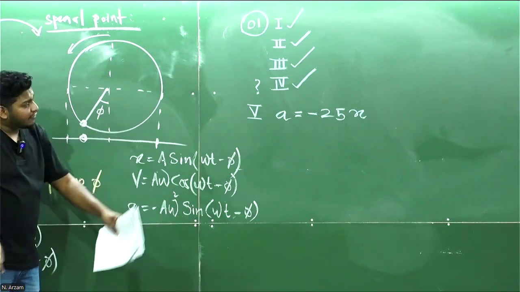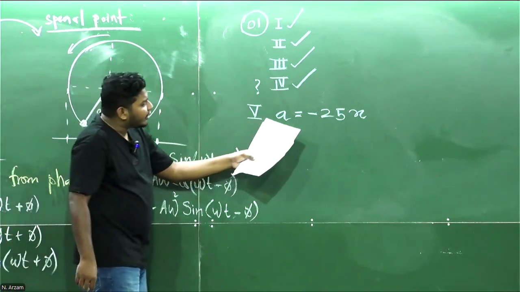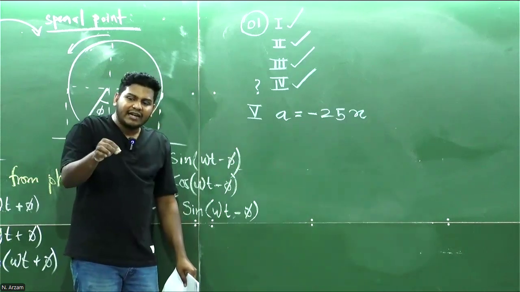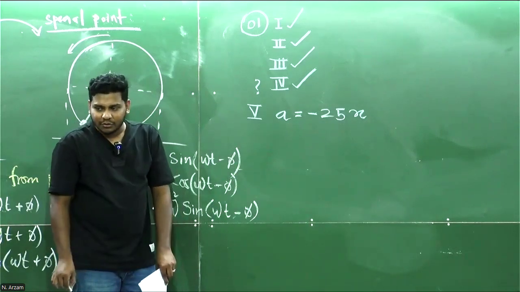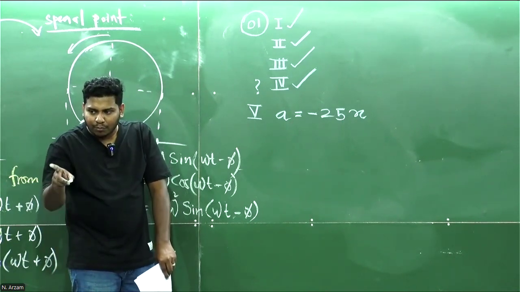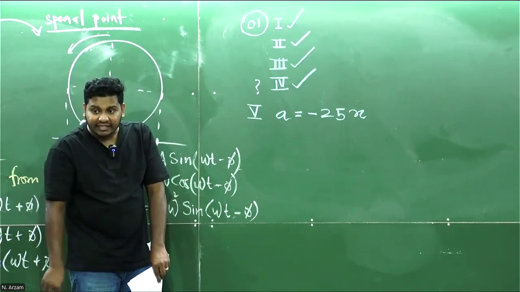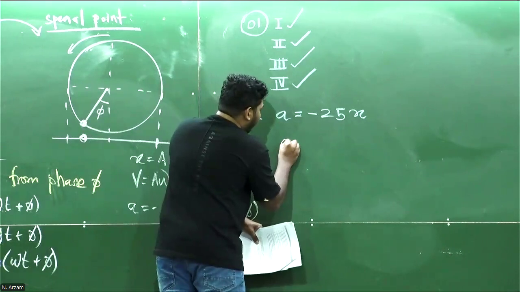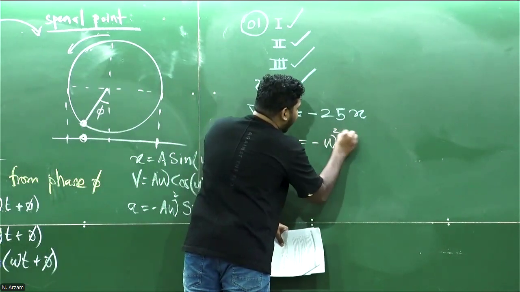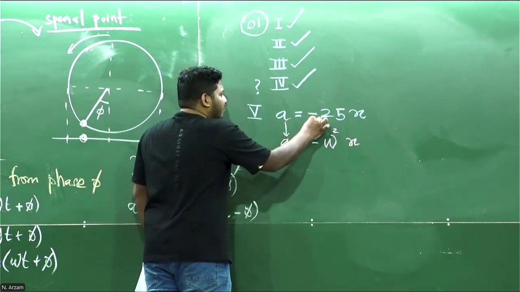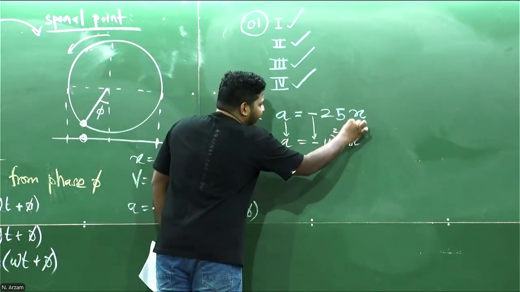If we see an equation a is equal to minus 25x, we can relate this equation to a is equal to minus omega square x. So the a is here, minus is here, x is here.